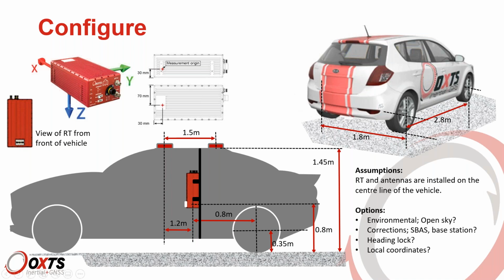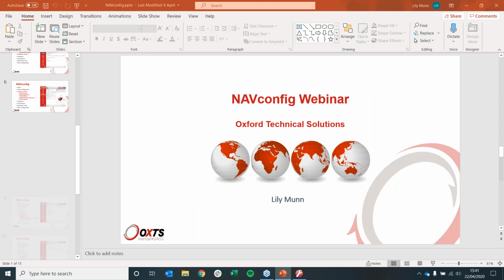So this can be seen. There are small graphics on the RT itself pointing which way the different axes are, and then you can just input that into NavConfig. So these are the measurements that I'm going to use just for this example. Now I'm just going to open NavConfig.